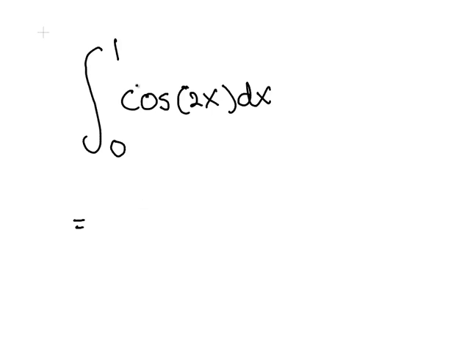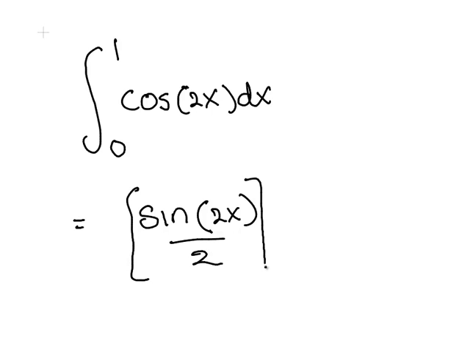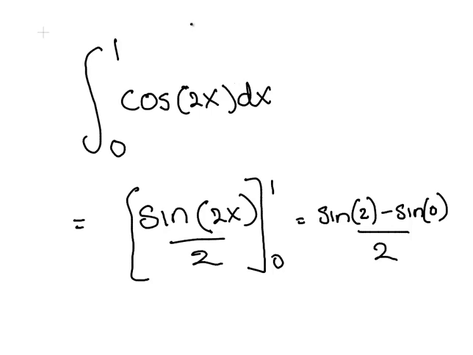The integral of that is sine of 2x over 2, from 0 to 1. So that is sine of 2 minus sine of 0, all over 2. Something I should mention here: we're going to take that to mean radians. So whatever you get in your calculator.